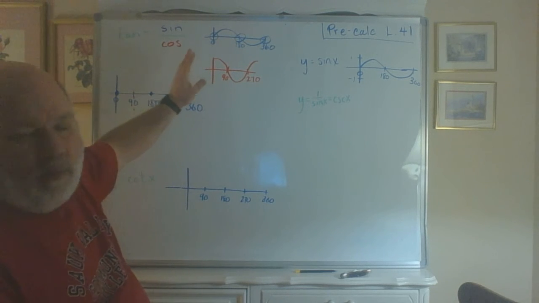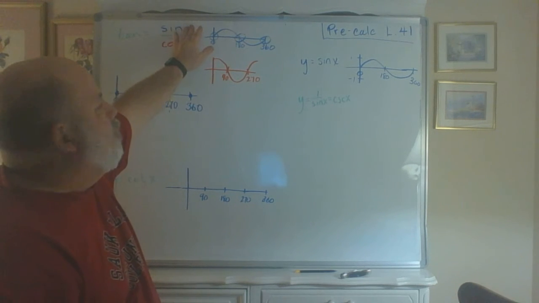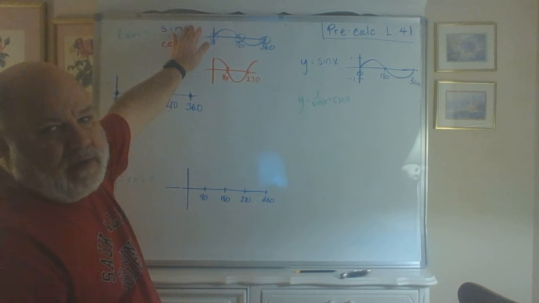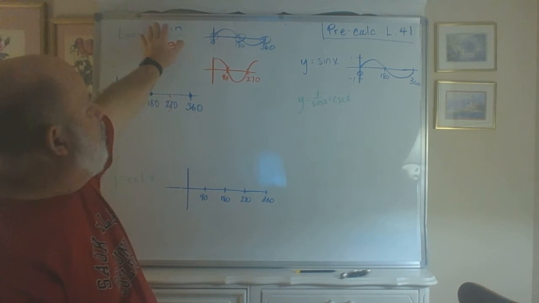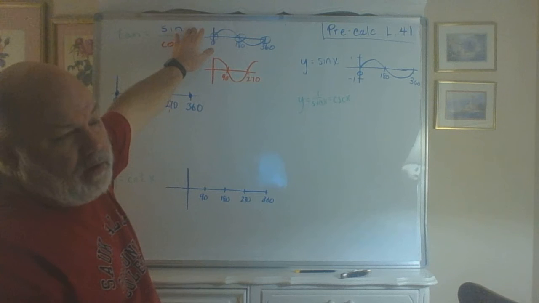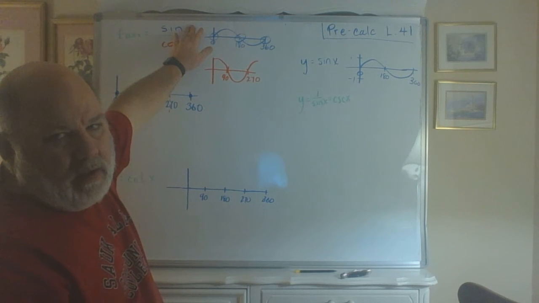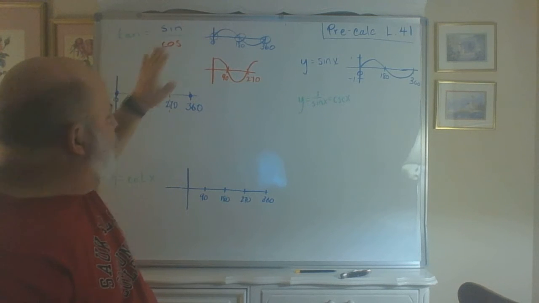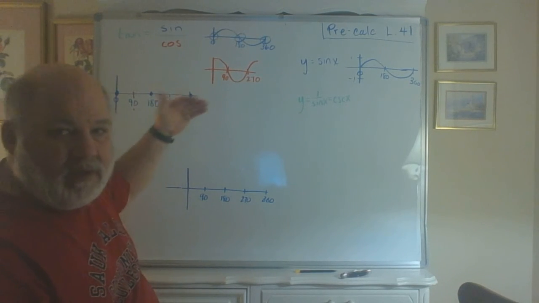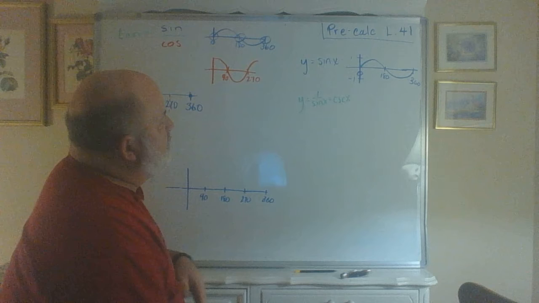And so when we graph it, anything in the numerator, we've learned it before, but we talked about it again the other day. Wherever you have a 0 in the numerator, that's going to show up on your graph. That tells you where you cross the x-axis.